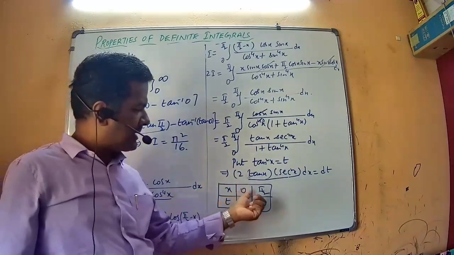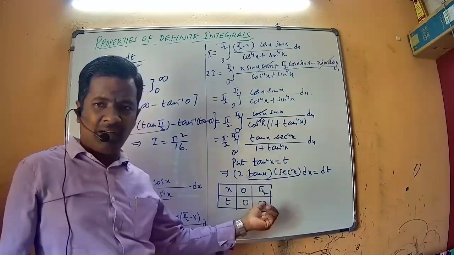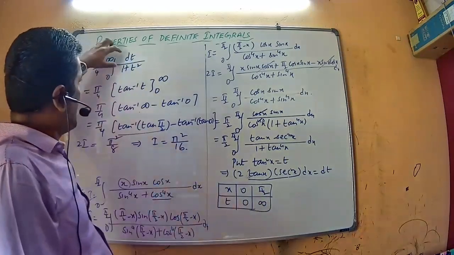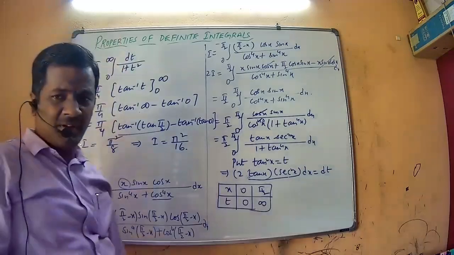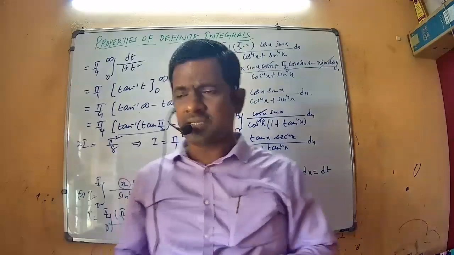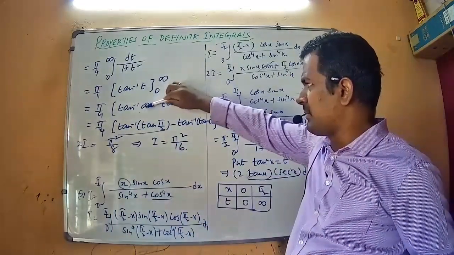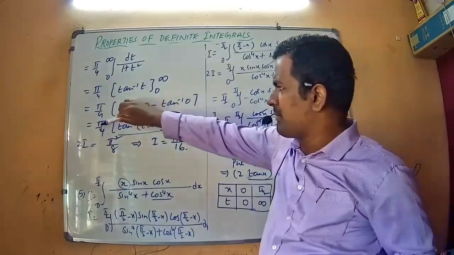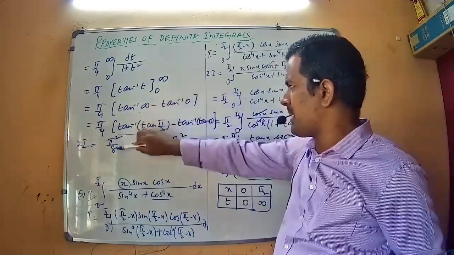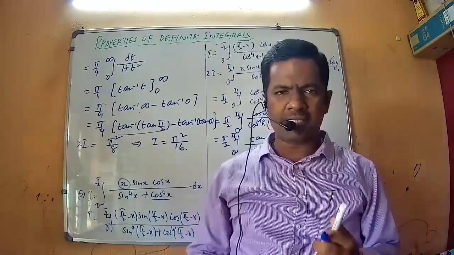So old limits are 0 and pi by 2. New limits will be 0 and infinity. So 0 to infinity became dt by 1 plus t square. Integral of 1 by 1 plus x square dx is tan inverse x, so this is tan inverse t. Applying the limits, infinity can be written as tan pi by 2. Pi by 4 into pi by 2 is pi square by 8. Finally, the value of I is pi square by 16.